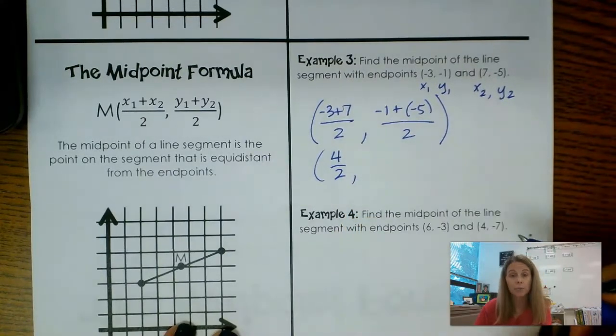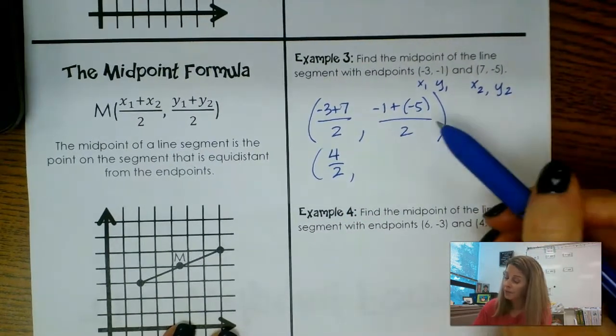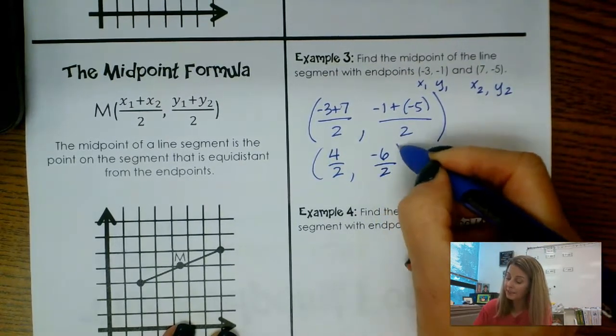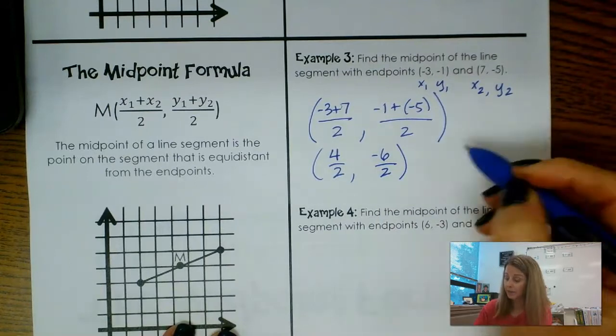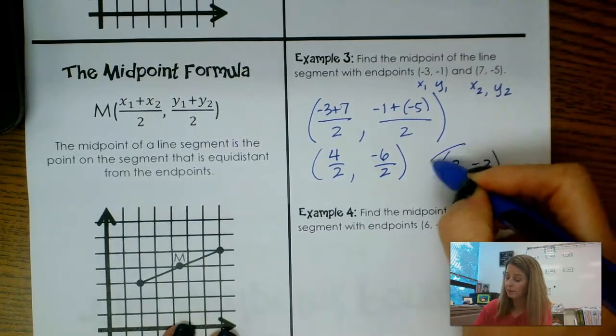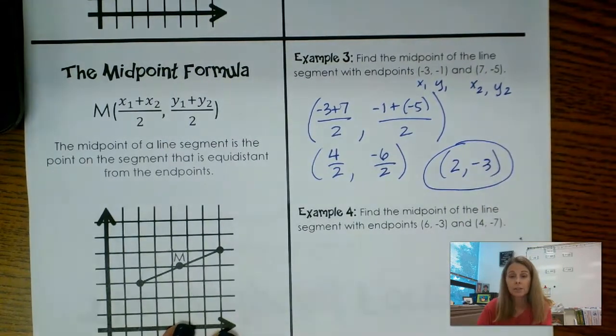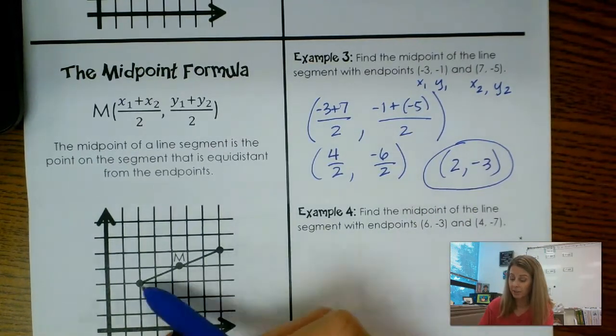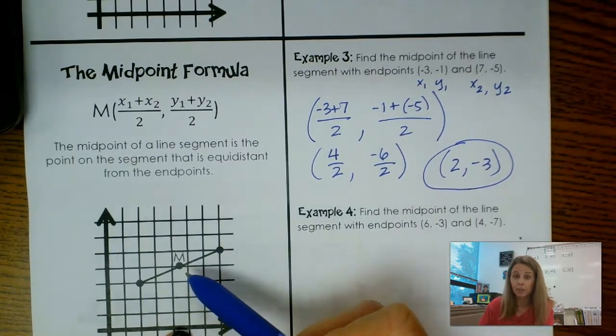So I'm going to take this one really slow, step by step. Negative 1 plus negative 5 is a negative 6 divided by 2. And then now we can divide them out. So I end up with 2 comma negative 3. Okay? So if I were to graph these original points and the midpoint, it should look something like this, where the midpoint is visually in the middle.